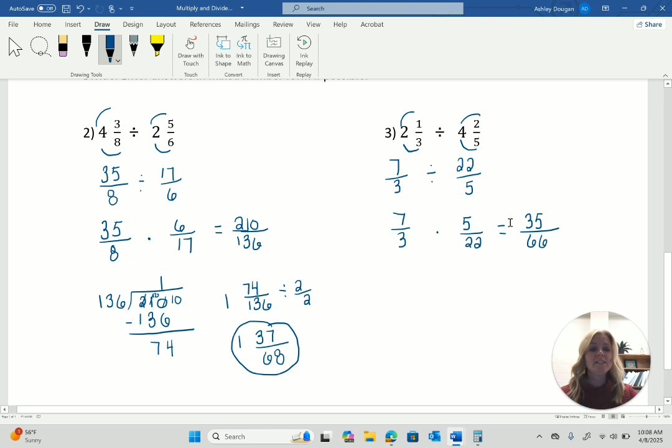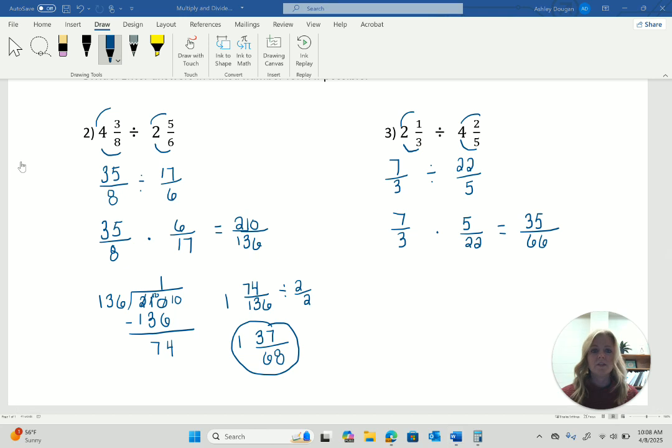I would need to see if I could simplify my fraction, reduce my fraction, just like I've done with some previous problems. This is not going to reduce. There are no factors in common between 35 and 66. 7 and 5 are the factors of 35, and none of those divide evenly into 66.